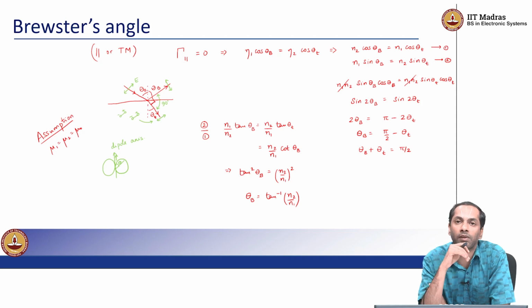And since all of these radiating dipoles are not radiating in the direction of the dipole moment, we expect to see very little to no radiation along this axis. This is a very interesting insight into how we are able to get zero reflection with a single boundary. This is what makes Brewster's angle special.